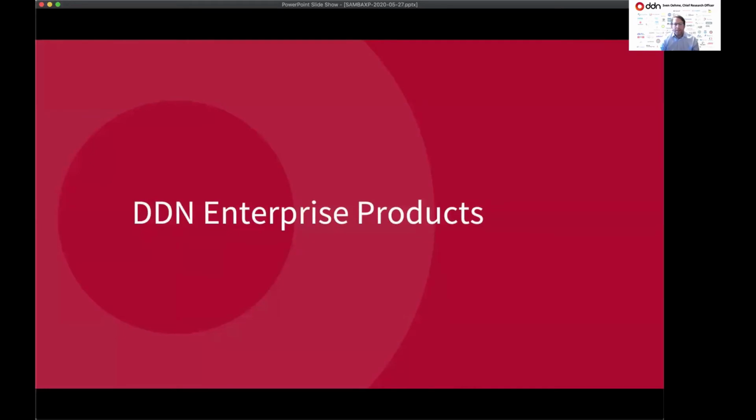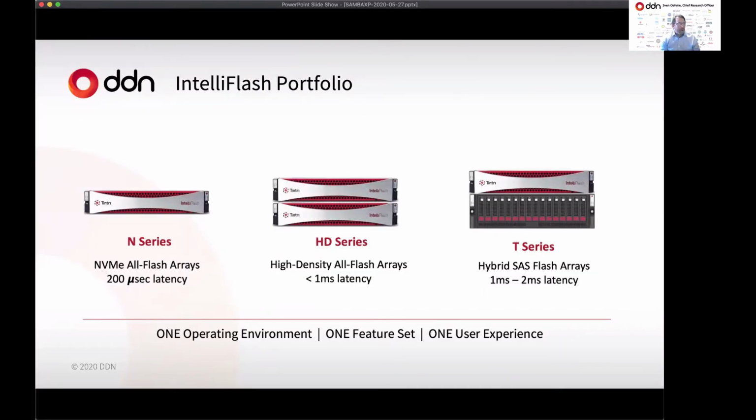So we also have enterprise products, as I initially mentioned. I want to mention a few of them just to give you an idea of what you're doing as well. IntelliFlash is a company that we acquired quite recently, at the end of last year. We acquired IntelliFlash from Western Digital, which was originally started as a startup company called Tegile, which some people may know.